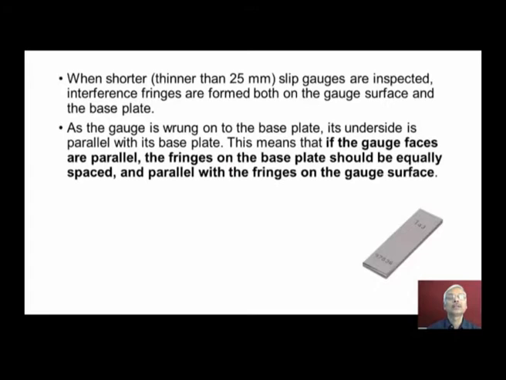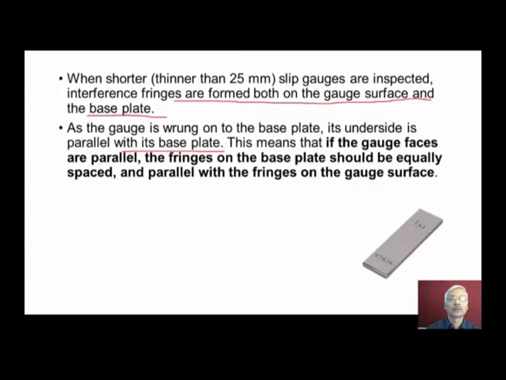When slip gauges thinner than 25 millimeter are used, the interference fringes are formed both on the gauge surface and the base plate, as we observed in the previous slide. As the gauge is wrung on the base plate, its underside is parallel with the base plate.